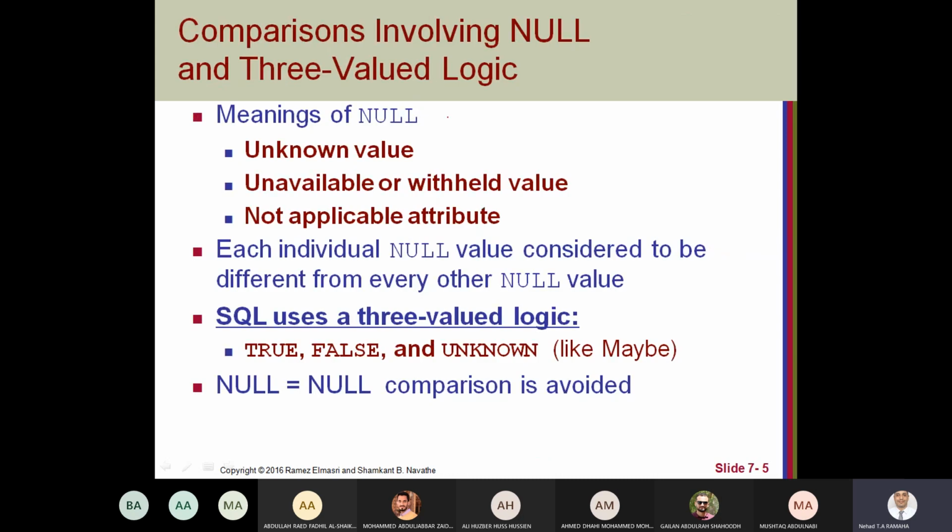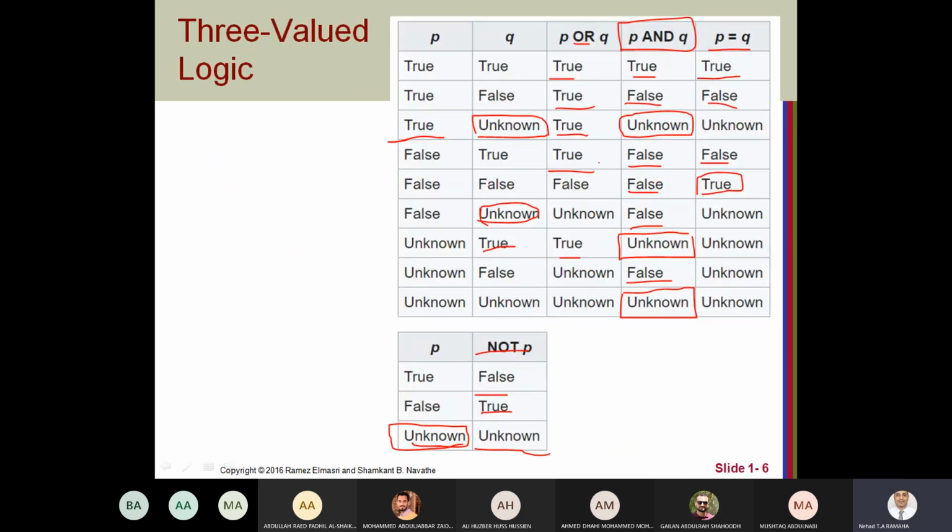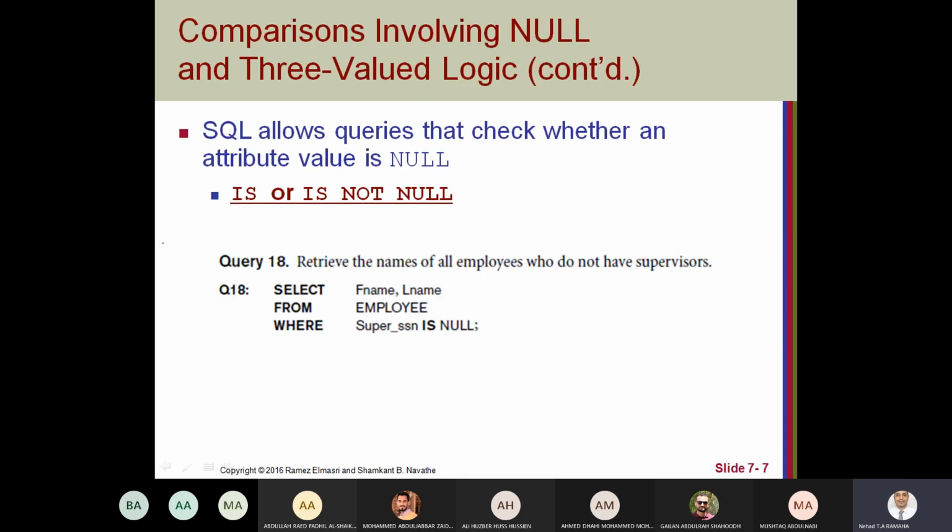So that's the idea of unknown here. Actually, we consider a null value as unknown. That's why we don't check like this. We don't check whether value x equals null or something like this. It's better to use IS and IS NOT to check the null value.